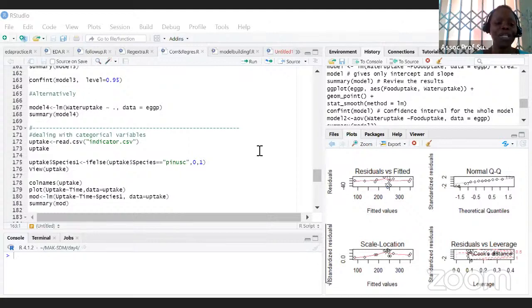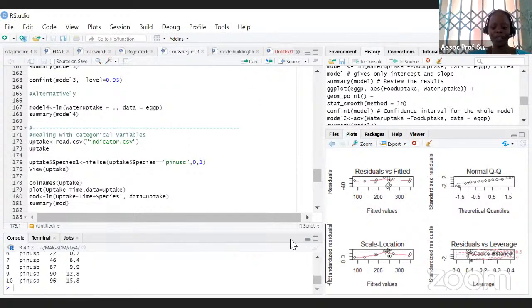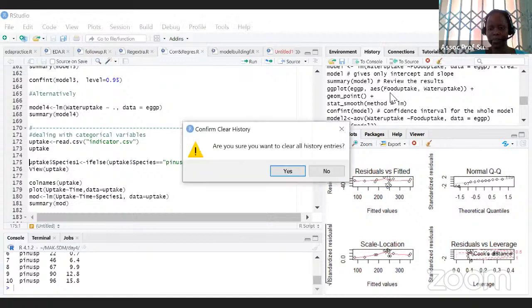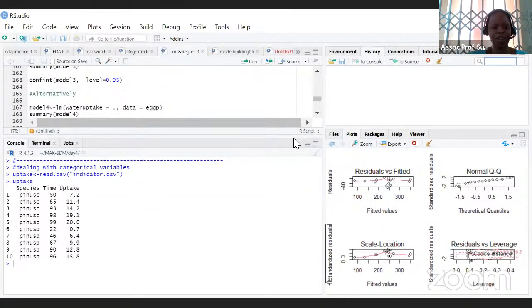So we are going to read in our data, which is called uptake. So let's read in that data. I want us to look at the data and I show you the categorical variable.